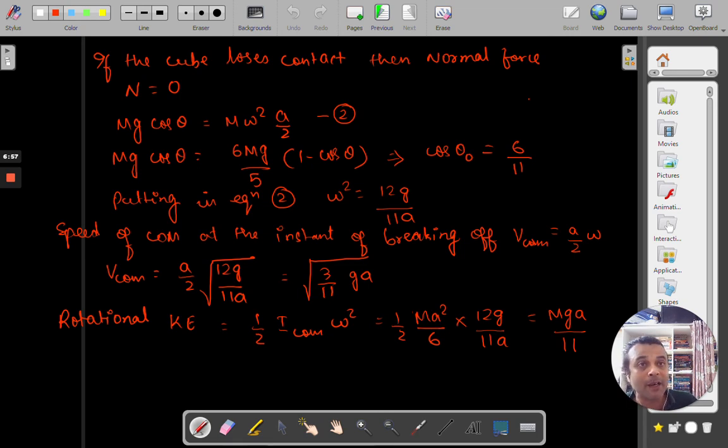Don't use the moment of inertia about point P, because now it has left point P. The whole cube will be rotating about its center of mass, but with the same angular speed as it left point P. So the moment of inertia of the cube about its center of mass is ma square by 6. So half into ma square by 6 into omega square, already we got it, we get mga by 11.